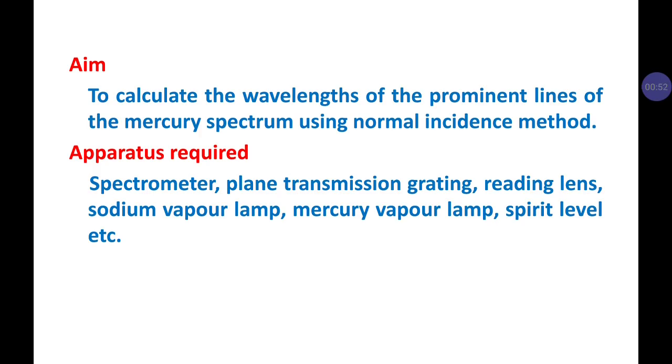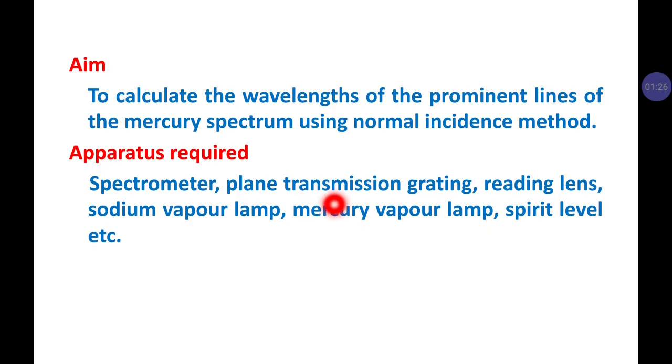The apparatus required for this experiment are spectrometer, plane transmission grating, reading lens, sodium vapor lamp, mercury vapor lamp, spirit level, etc. Especially, we need the sodium vapor lamp in order to calculate the number of lines per meter in the grating plate, and the mercury vapor lamp to determine the prominent wavelength of all the colored lines.